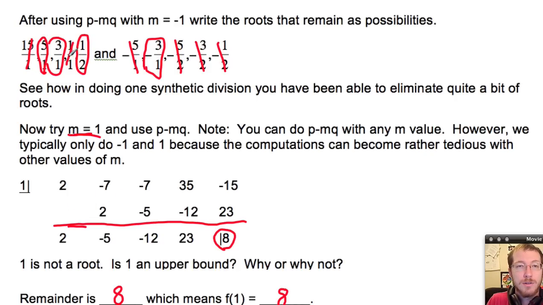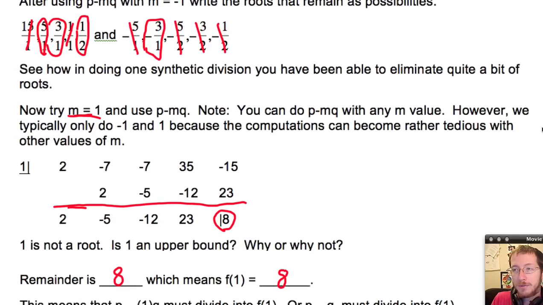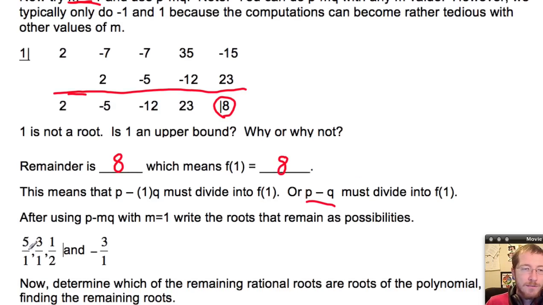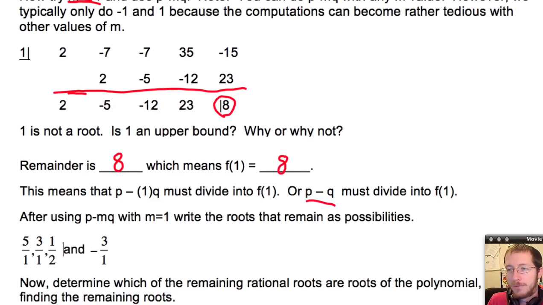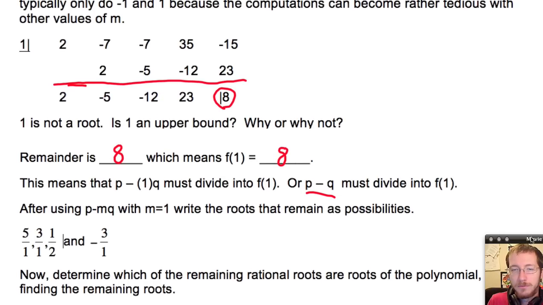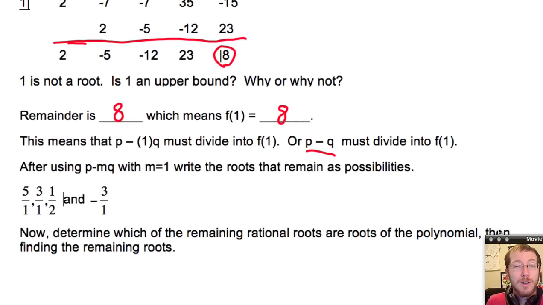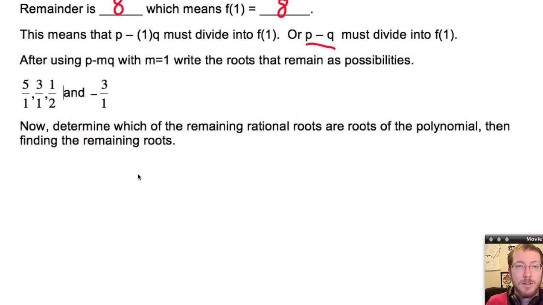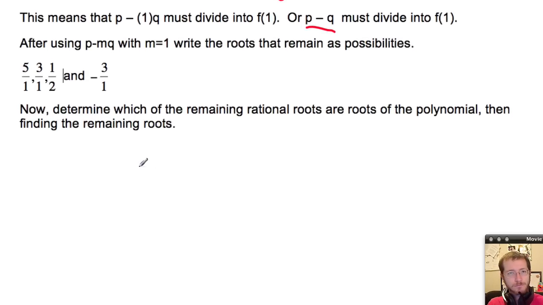We crossed out 1, 2, 3, 4, 5, 6. So now we've narrowed it down to only 4 possible roots. So we've got 5, 3, 1/2, and negative 3. So now I feel pretty comfortable doing synthetic division 4 times as opposed to 10 times.